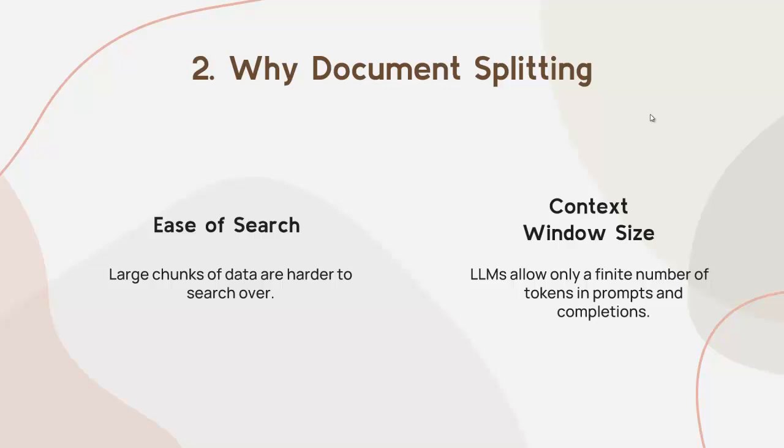Some LLMs take only a finite number of tokens in their prompts and completions. So now in the prompts, you could have a fixed number of tokens that can be passed in, say 2000 or 3000 tokens. To address these issues, we need to split the document into manageable chunks so that they can be retrieved easily and given to the LLM to give more context.